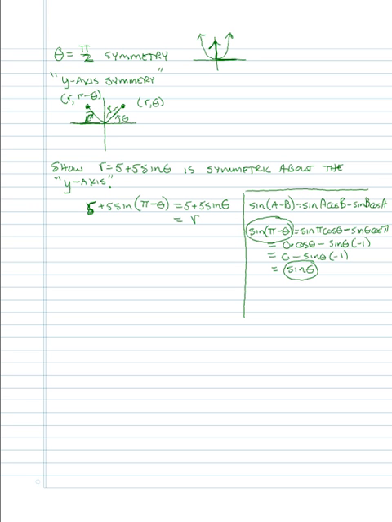Now, let's go back now and see what this tells us. Here's kind of the bottom line in this case. The only thing that was of importance here is we had sine of theta being the only trig function that occurred in this polar equation. And so here's our conclusion.